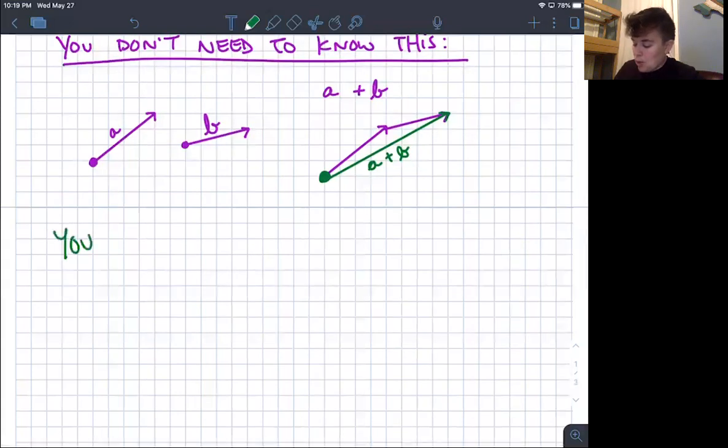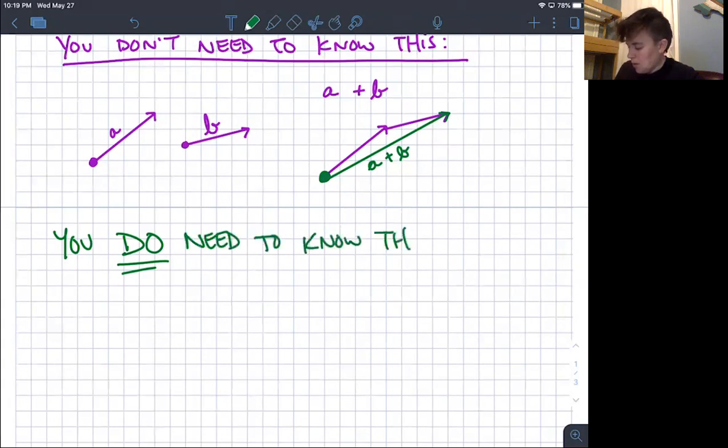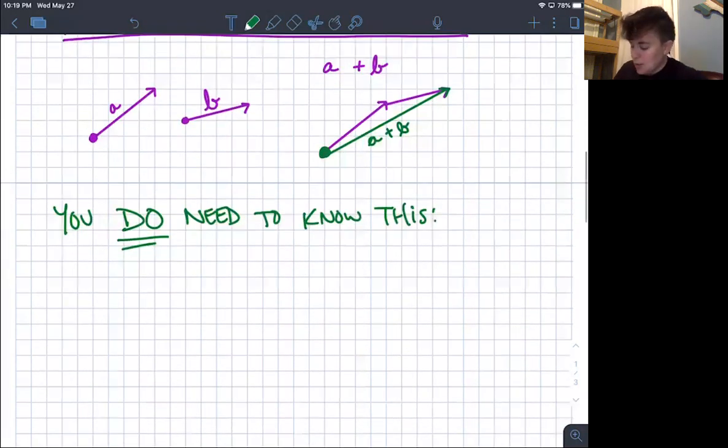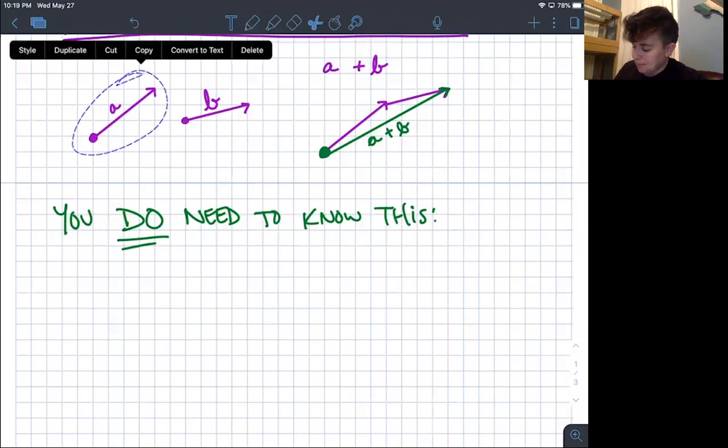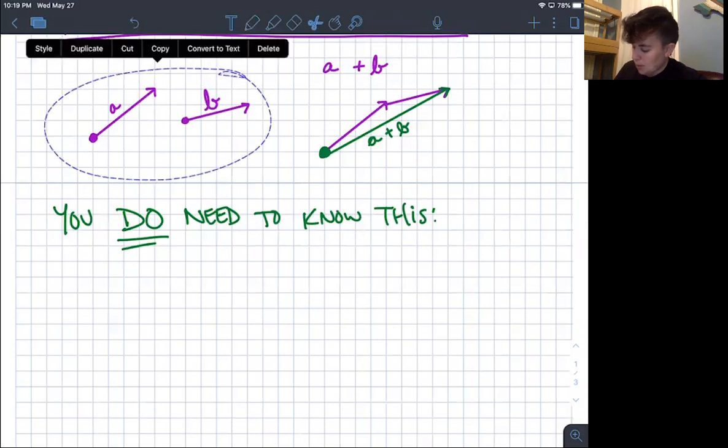You do need to know this. Okay, so if I told you, we'll just use these two vectors up here. Let me do all this in one fell swoop.